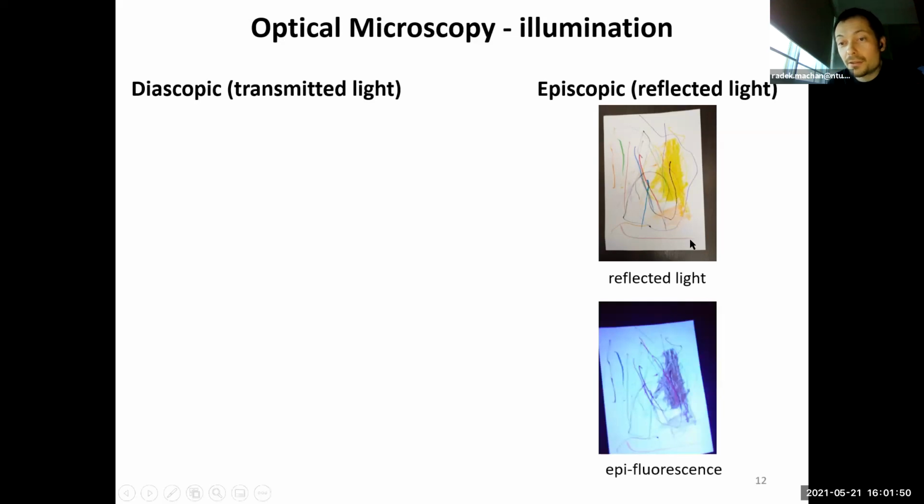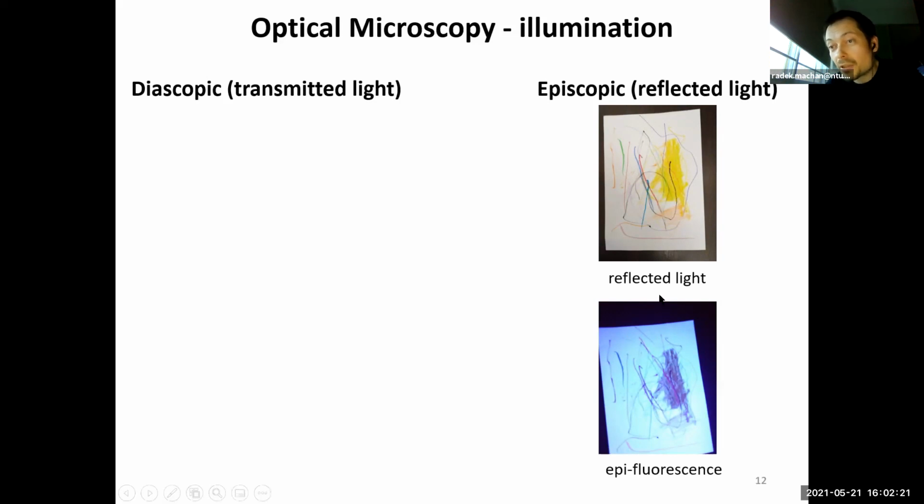And this is normal reflected light, and this is an epifluorescence image, which I acquired in a dark room, when I illuminated with a UV light source, something which is sometimes called black light, because you don't see the UV, but you see fluorescence from objects which are illuminated by the UV.